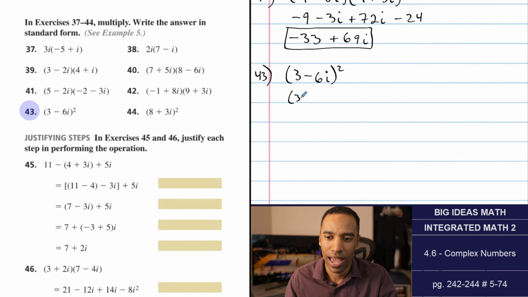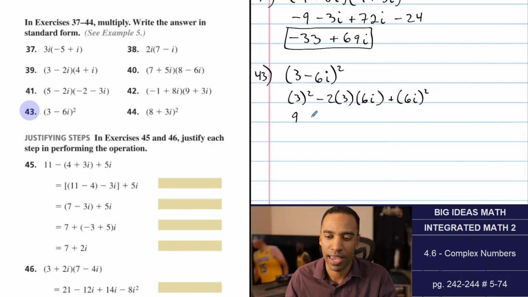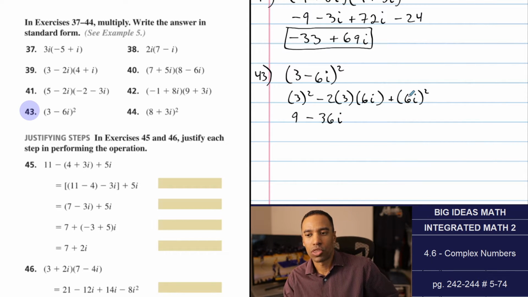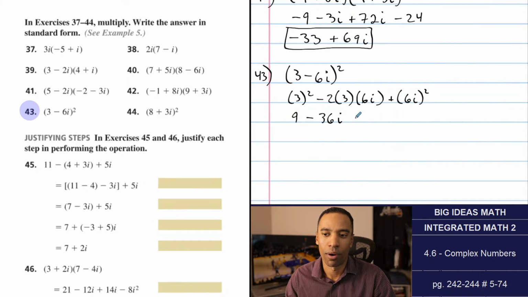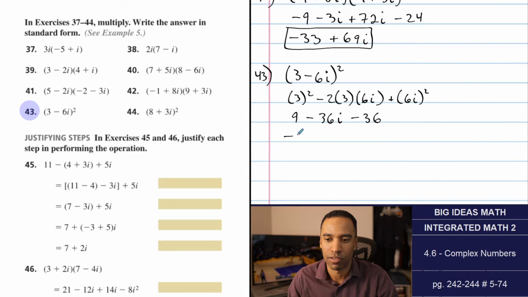We do a squared minus 2ab plus b squared, which becomes 9 minus, we double 18i, which is 36i, and then plus 36i squared, or minus 36. Plus 36i squared is minus 36, and 9 minus 36 is negative 27. So we have negative 27 minus 36i.